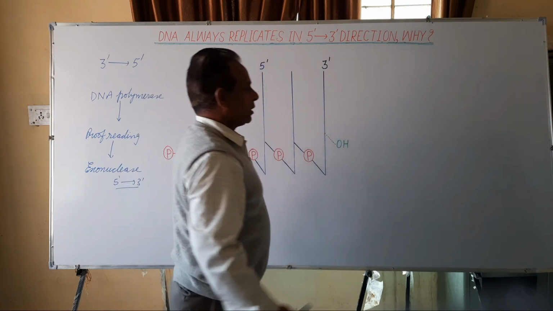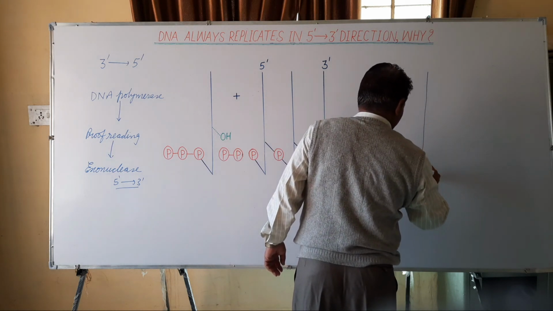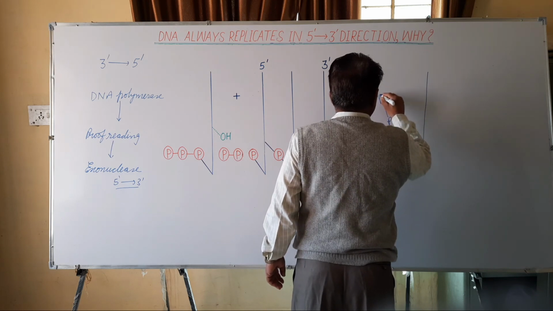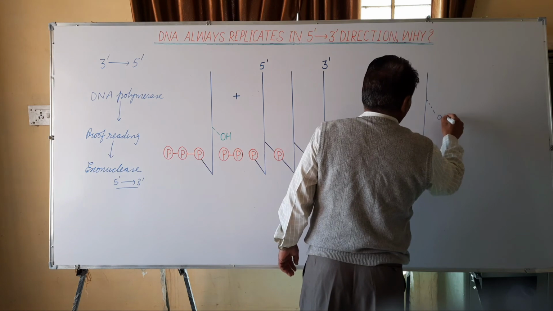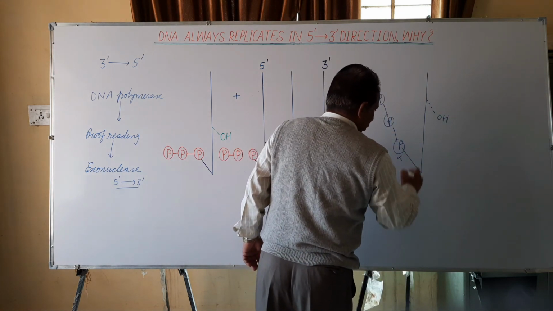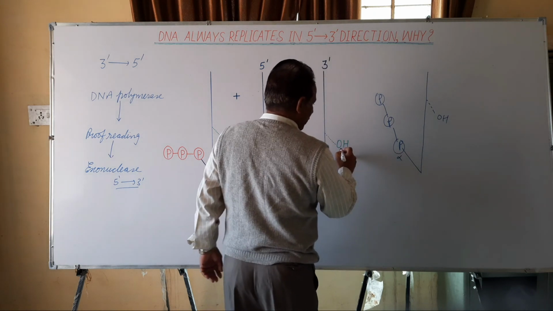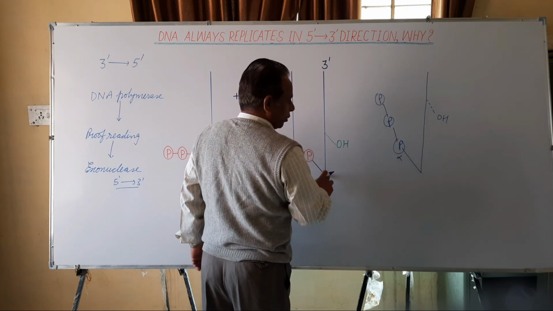In this process, when a new nucleoside triphosphate is added, its alpha phosphate group forms a phosphodiester bond with the OH group of the pre-existing nucleotide.